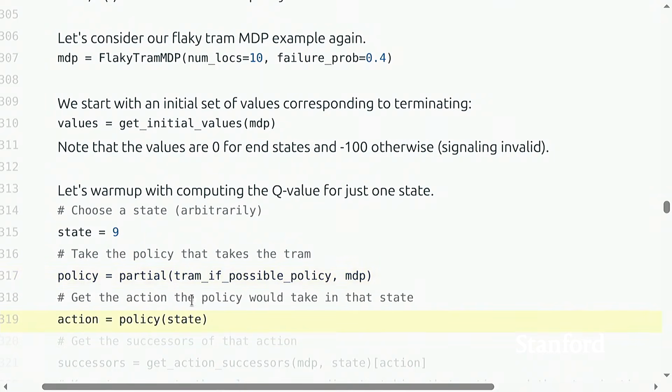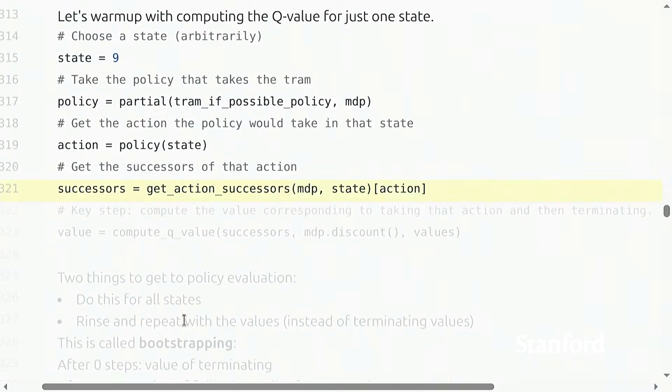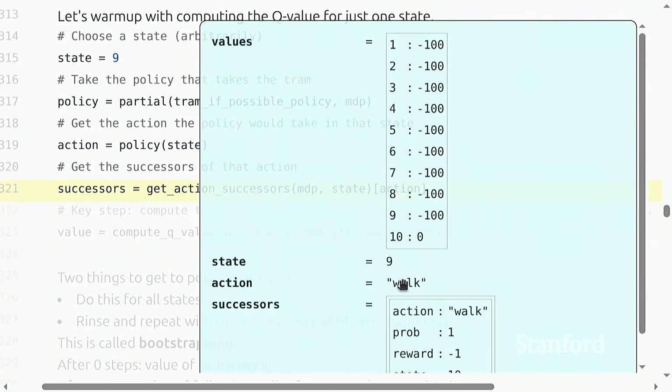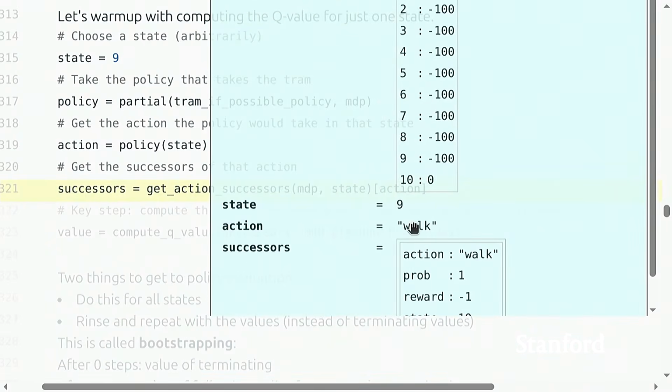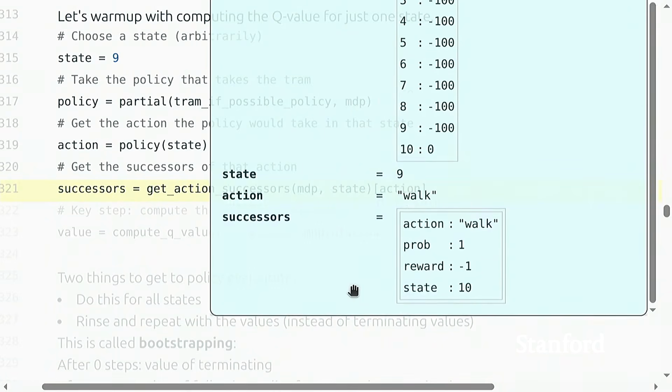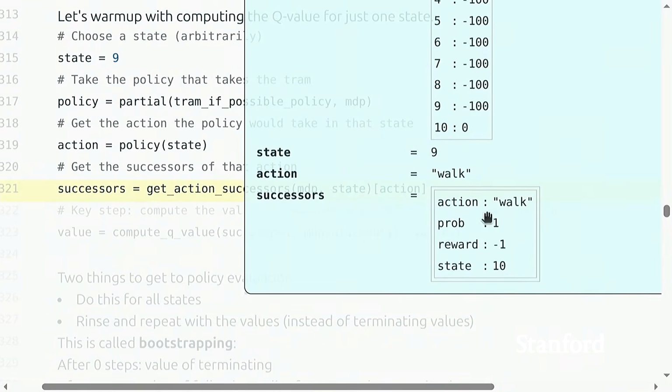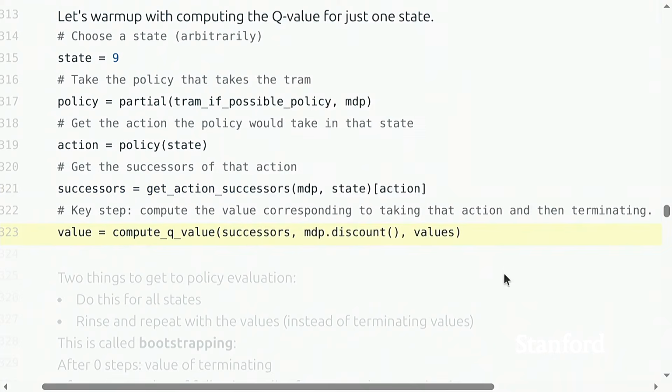In that state 9, that action is going to be walk because I can't actually take the tram. So now the successors are this: one successor going to state 10. And now I'm going to have this function called compute the Q value. That's going to take the successors, the discount, and the values. So what does this do?